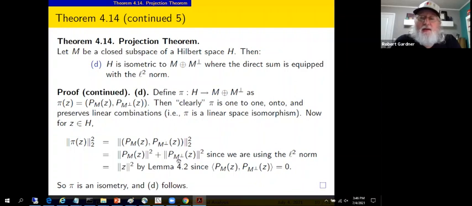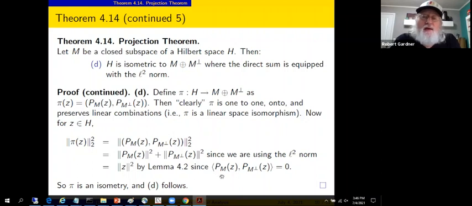When we go to this setting, let's see, this equals the norm of Z, lemma 4.2. I don't quite remember lemma 4.2 right now, but if you take the norm of Z, hey, you know Z can be written as this plus that. The norm is induced by the inner product, so we could take the inner product of P sub M of Z plus P sub M perp of Z. I mean, that is Z itself, as we saw previously.